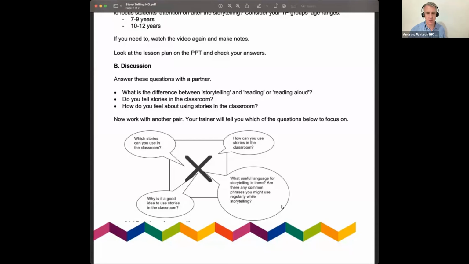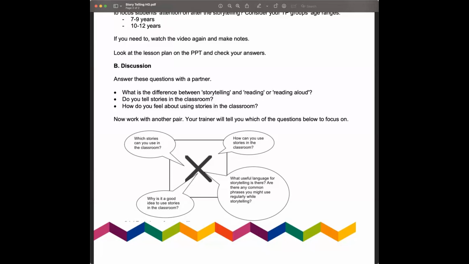Okay, so let's return. Which stories can you use in the classroom? Who was that? Me. Okay, tell us. I suppose it depends on the genre, like a comic, science fiction, fairy tale, or stories that teach values.